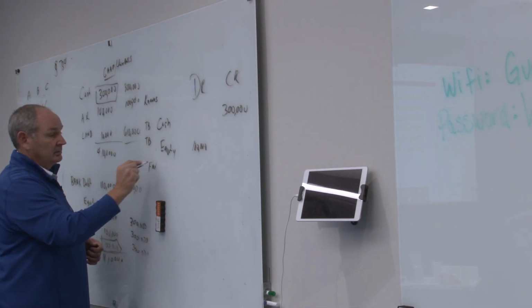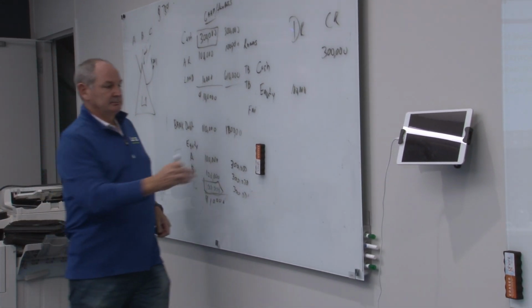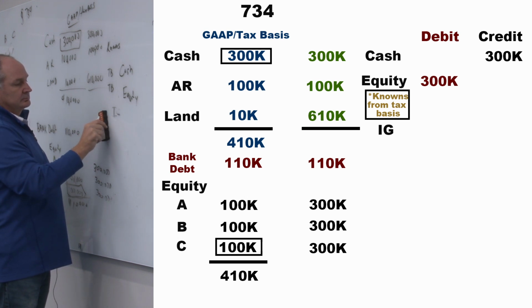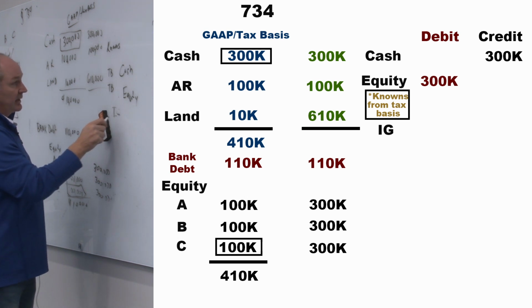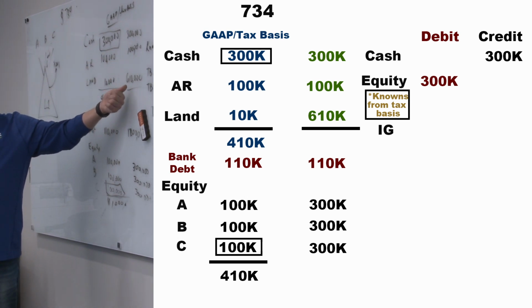So the dangling debit or dangling credit has to be coming from my fair market value column, my inherent gain column. My inherent gain, which I don't have here, is 600.